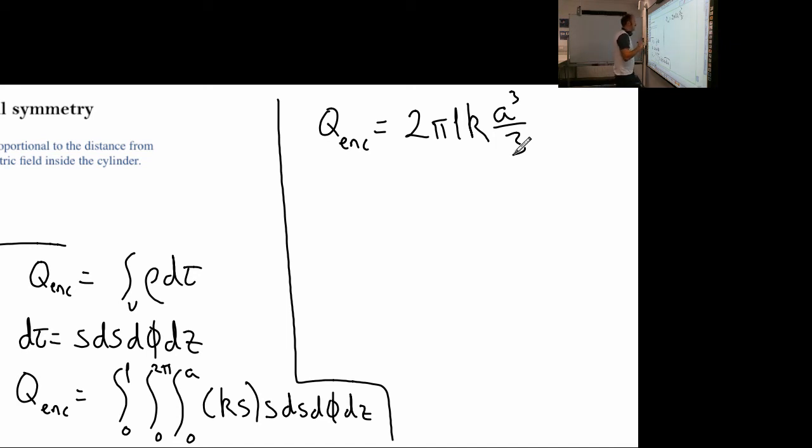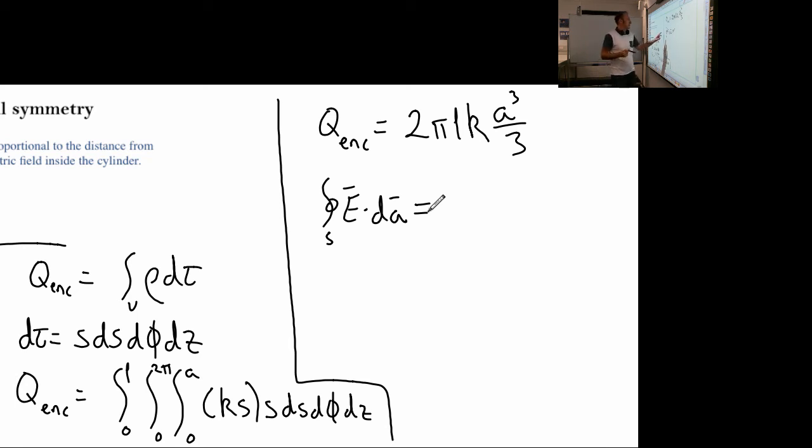Okay, so if we go back to Gauss's law now, we have our surface integral of E dot dA. Again, since we have symmetry, the electric field is pointing outwards from the surface, and it's uniform over the surface.